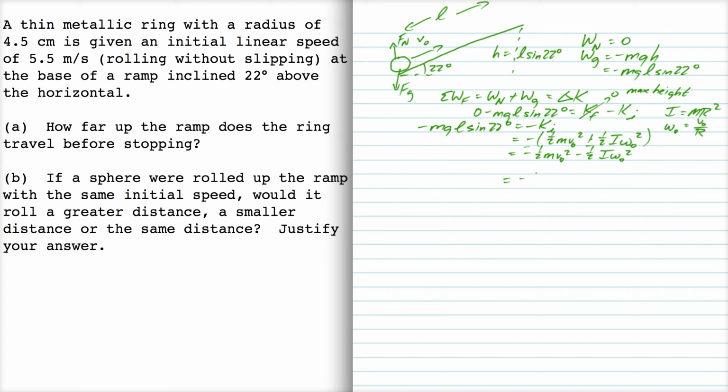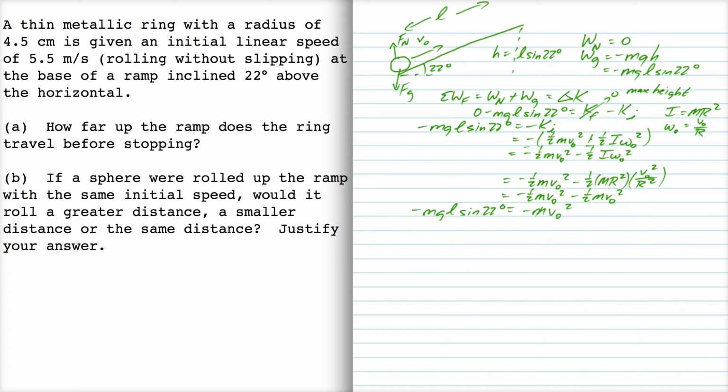So this becomes minus 1/2 m v0 squared minus 1/2 mr squared times v0 squared over r squared. Okay, so this becomes minus 1/2 m v0 squared minus 1/2 m v0 squared. So I'm left with minus mg L sine 22 is equal to minus m v0 squared.